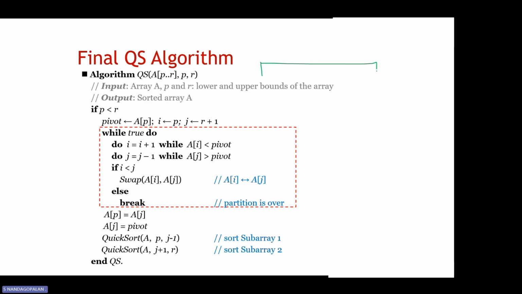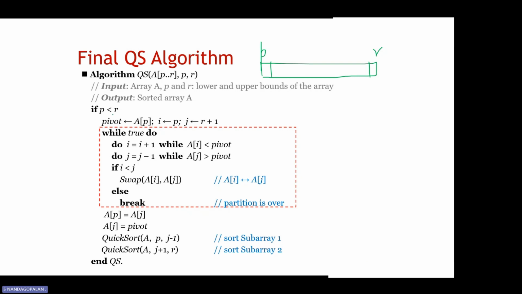Again, the same thing: you have the complete array, p and r, and the pivot is selected.